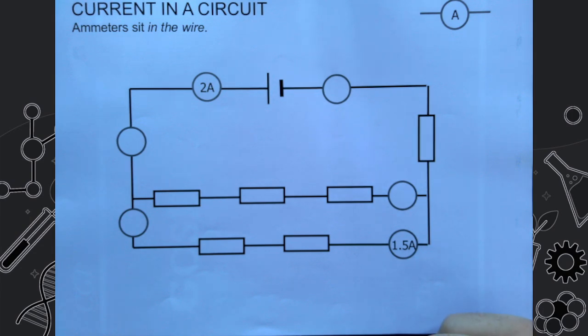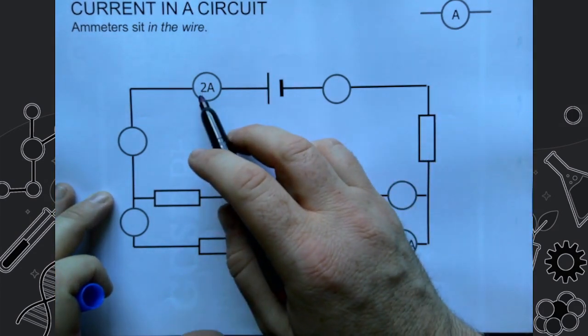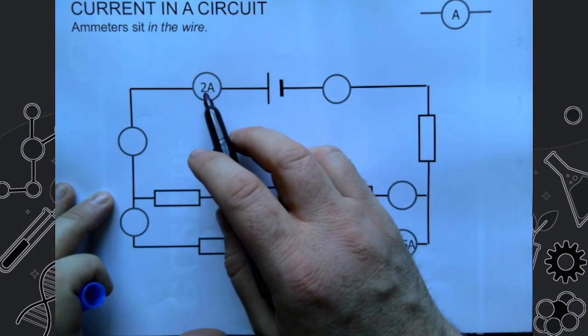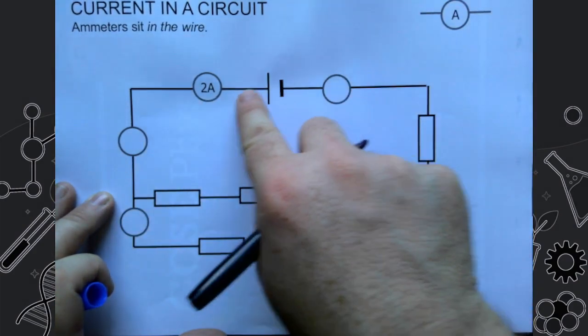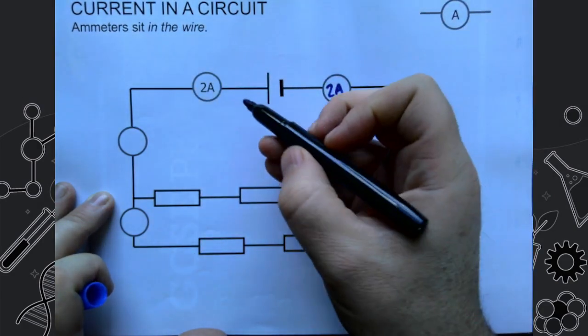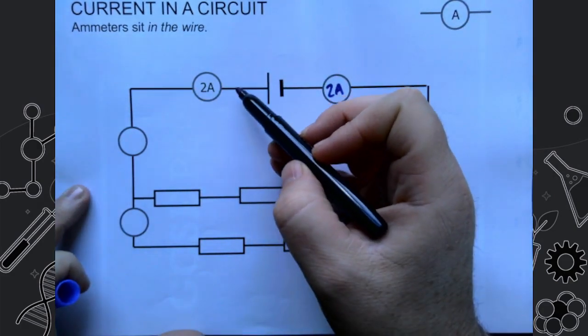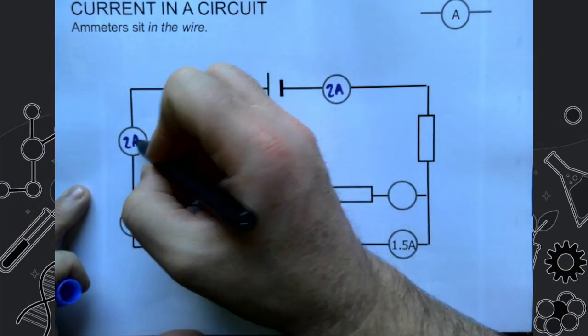I've got blue for current. So if 2 amps, or 2 lorries per second, leaves the cell of the battery, it must be the same that enters. Doesn't matter what happens down here. If 2 leaves, 2 must enter. The current, the number of lorries per second, goes along, still 2. I've not done anything, still 2 amps there.